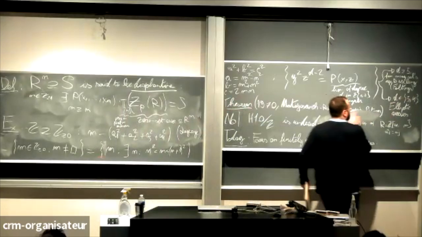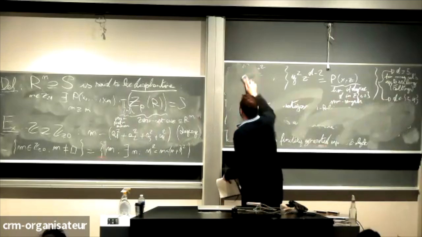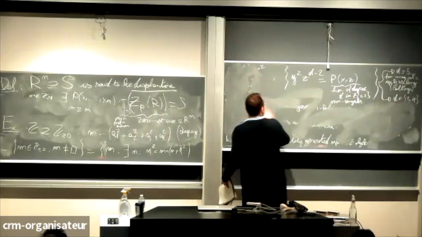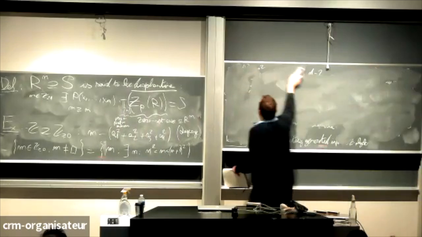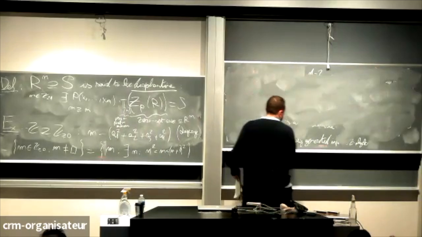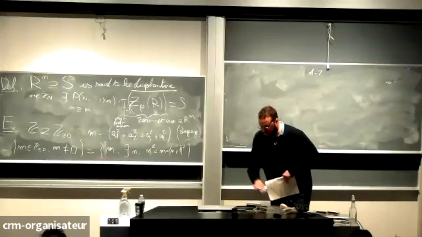Okay, so these are two examples. Let me now tell you a little bit about the strategy of the proof of the Matiyasevich-Robinson-Davis-Putnam theorem. Let me actually tell you first the hardest step of the proof.